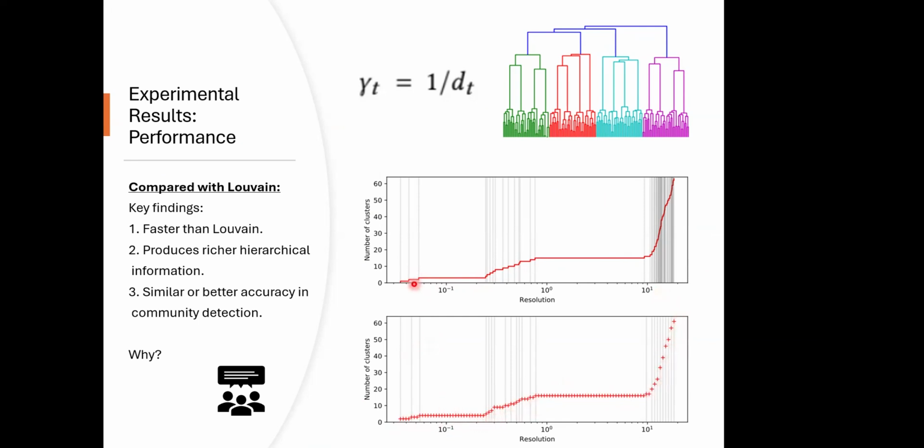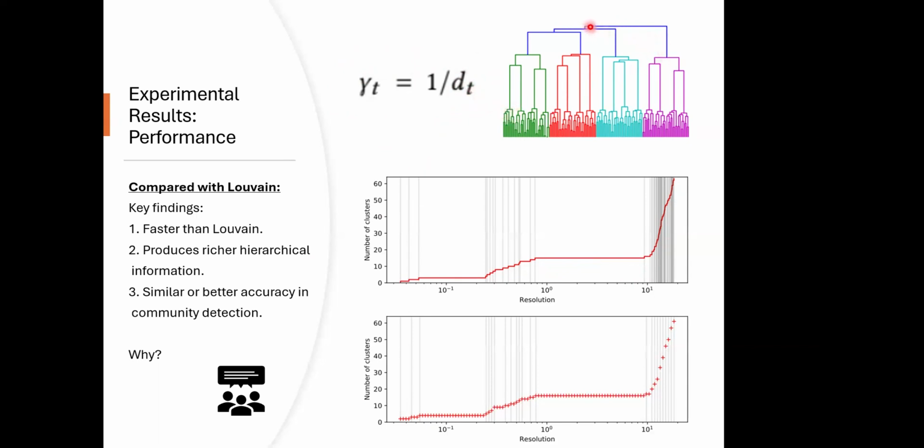We can achieve it in only one run of node pair sampling, and we got a new technique to calculate the output gamma for our dendrogram. dt is the largest distance we have in our current step.